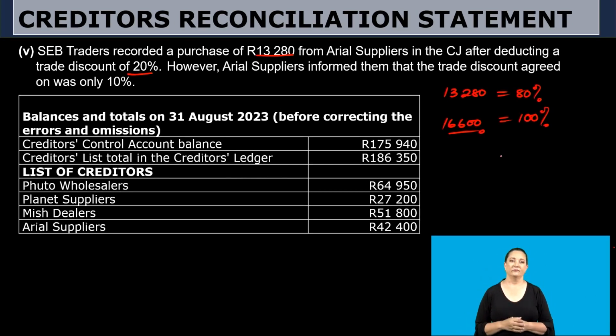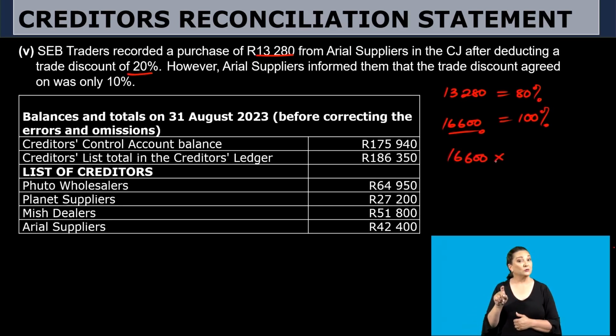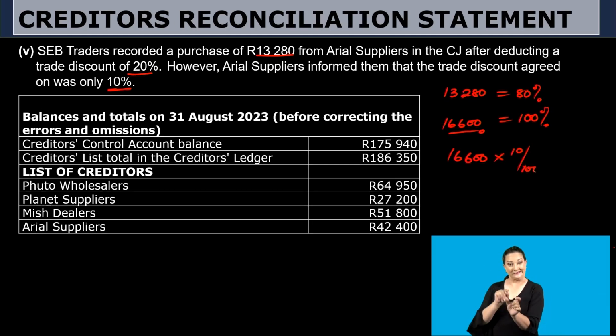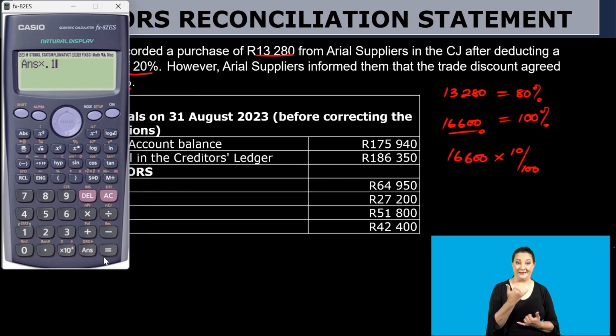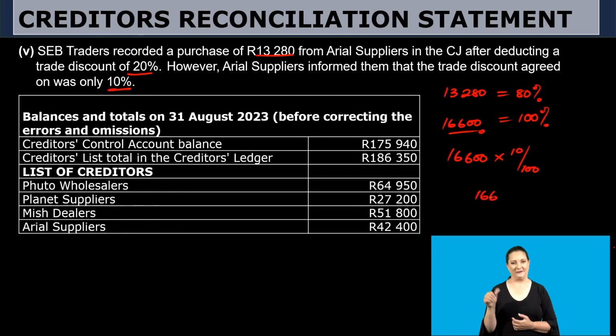So we are then told that the trade discount was supposed to be 10%. So we then get 10% of this amount. And then you now say 16.6 by 10%. That means it's 1,660. Okay, so remember we had recorded 20%, which was incorrect, yet we must record 10%.